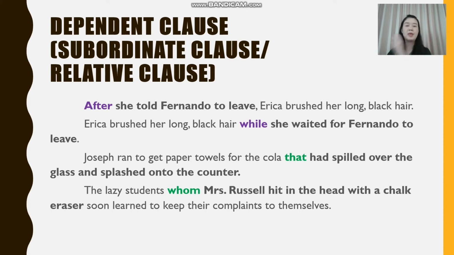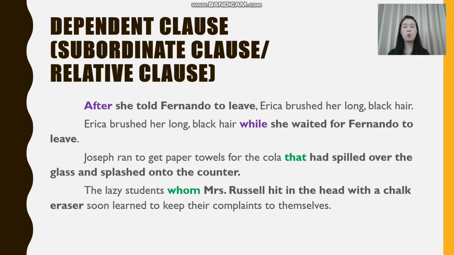But "after she told Fernando to leave" is a dependent clause starting with the word after. The word after is a subordinating conjunction. So "after she told Fernando to leave" is a subordinate clause. And you can see that we have the subordinating conjunction after, and then we use the subject she and then the verb, like the normal structure of the sentence.